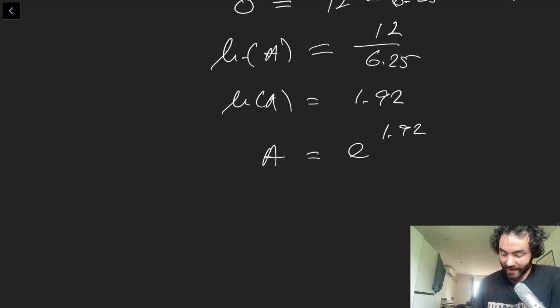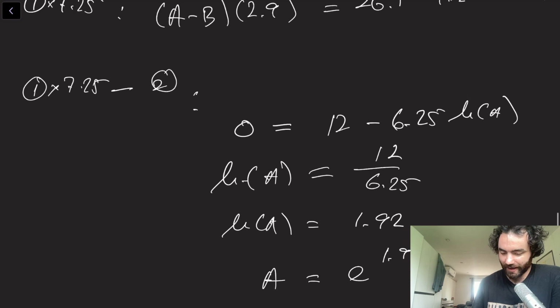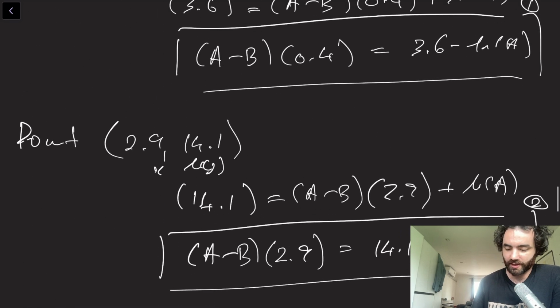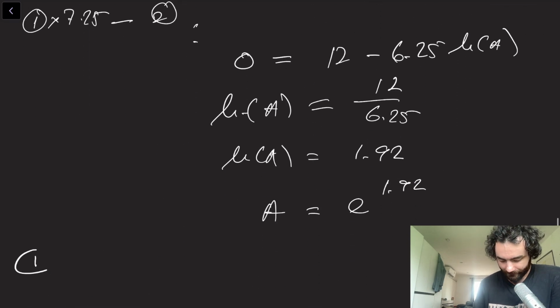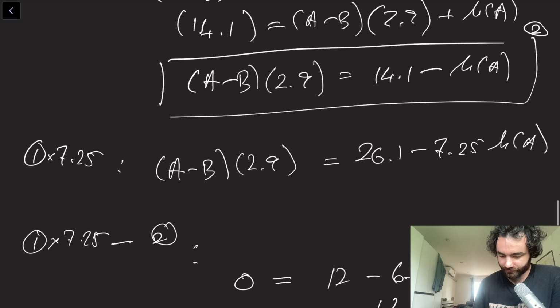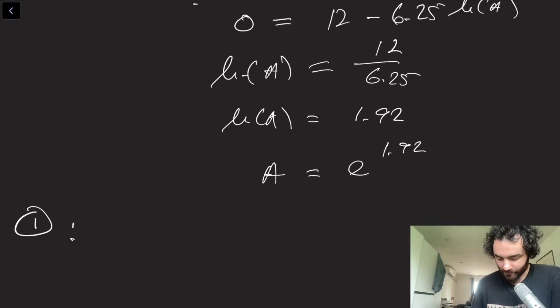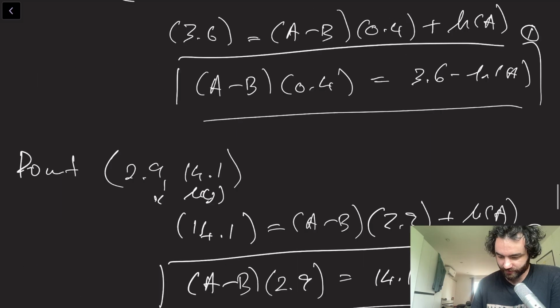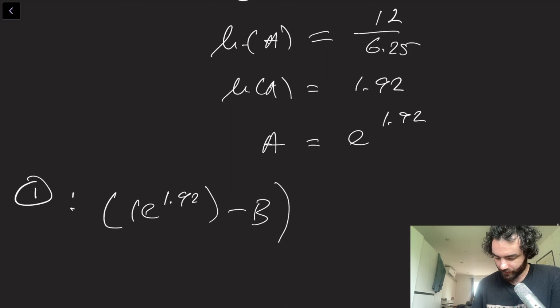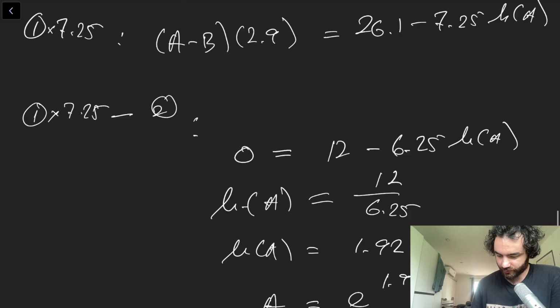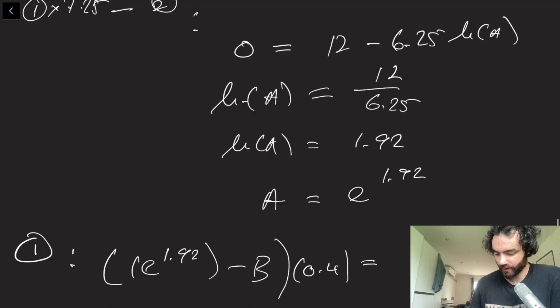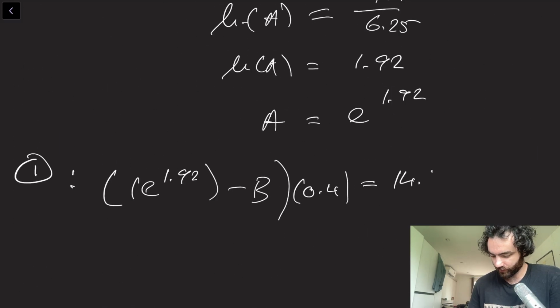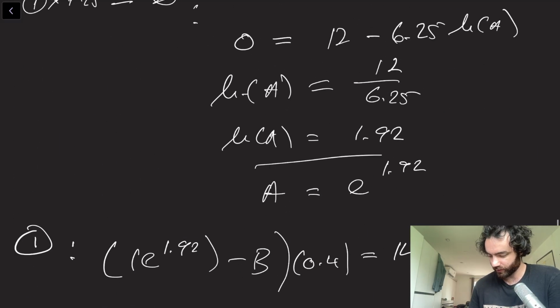Okay, so now you have this a. Now you can just substitute that value into, let's say, equation 1 to get b. So this would be e to the 1.92 minus b times 0.4 equals to 3.6 minus ln of a, which was just 1.92.